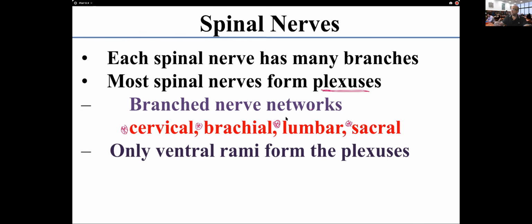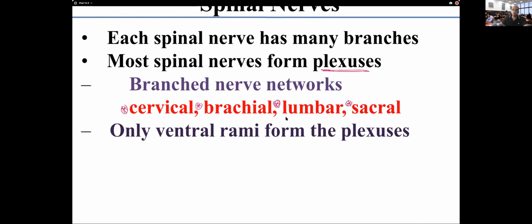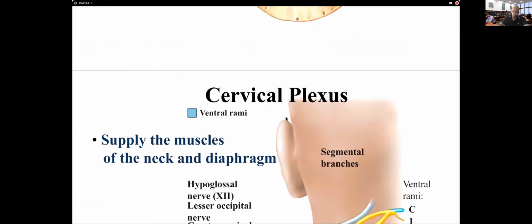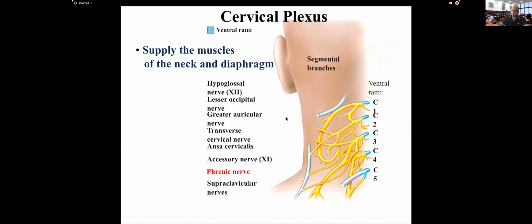Only the ventral rami of the spinal nerves share in the formation of those plexuses. So looking here at the cervical plexus, it is going to be formed by the ventral rami of spinal nerves from C1 to C5.